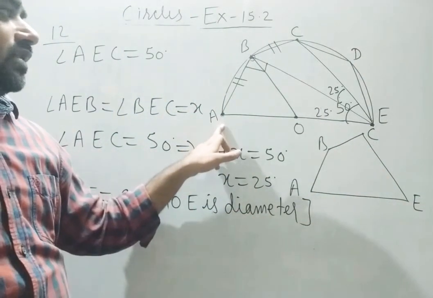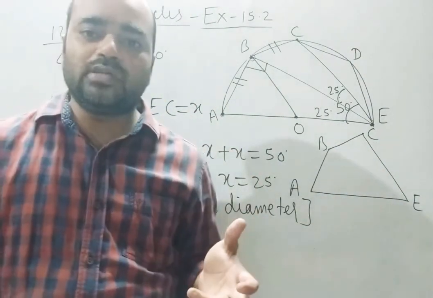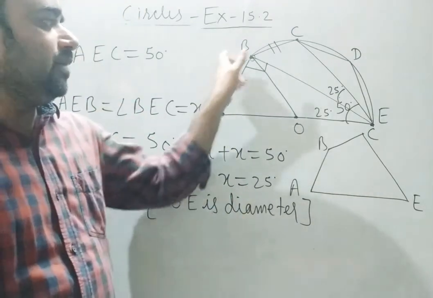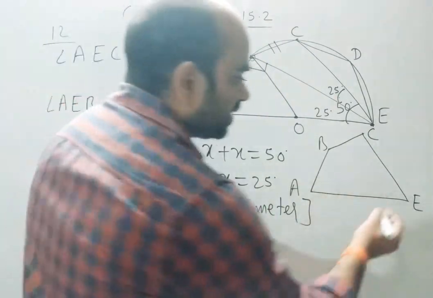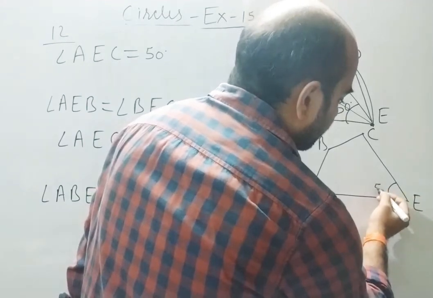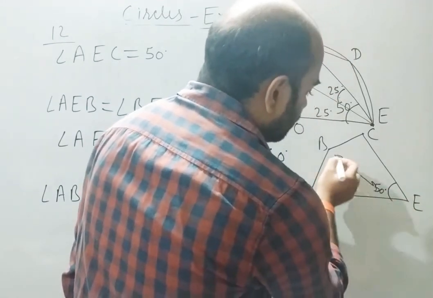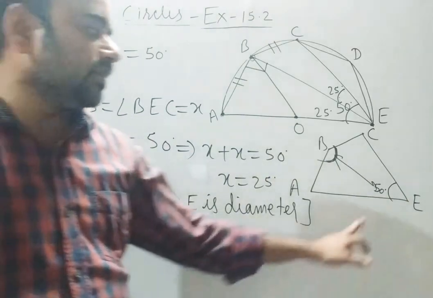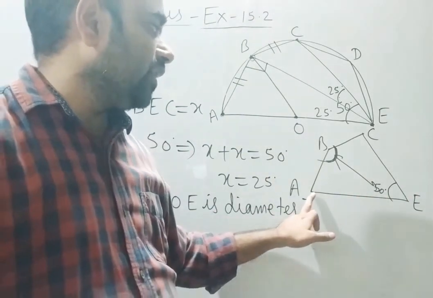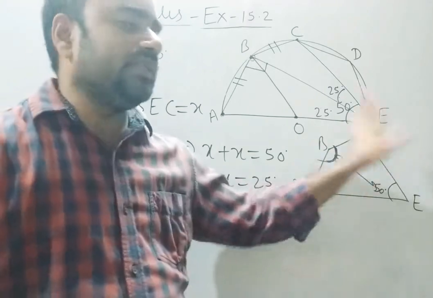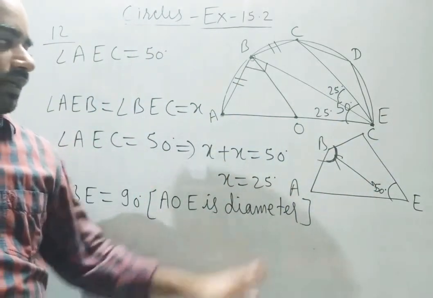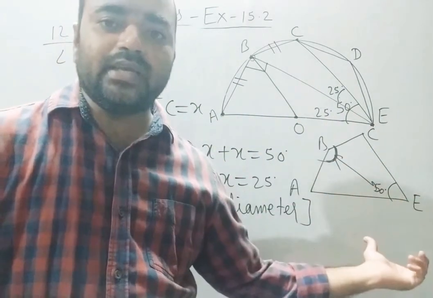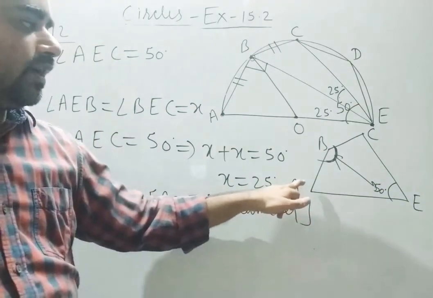Why? For a cyclic quadrilateral, we require 4 points on the circumference. A, B, C, E lie on the circumference. This is 50. And these two are opposite angles of a cyclic quadrilateral. Let me say this is 50 degree. We can find angle ABC or not. Correct? ABCE is a cyclic quadrilateral. Therefore, we can find angle ABC.